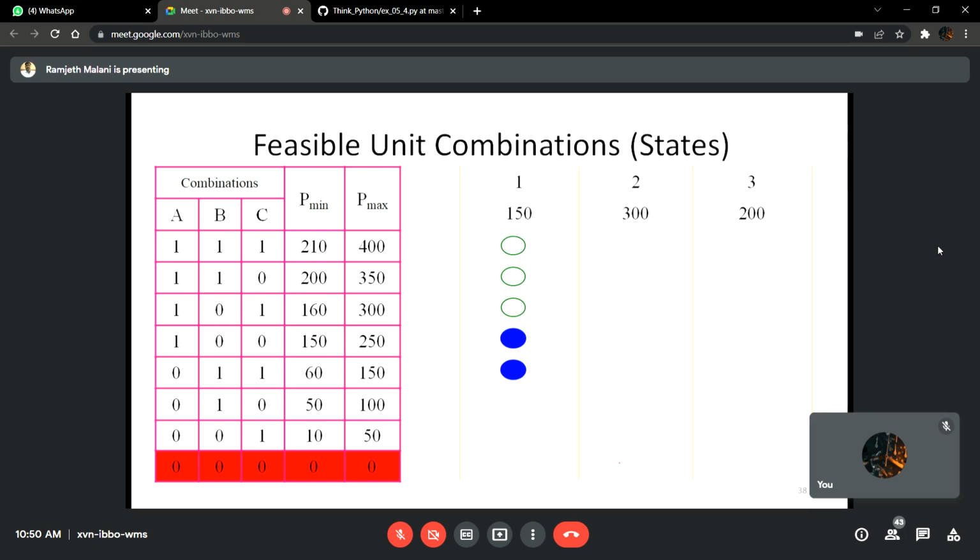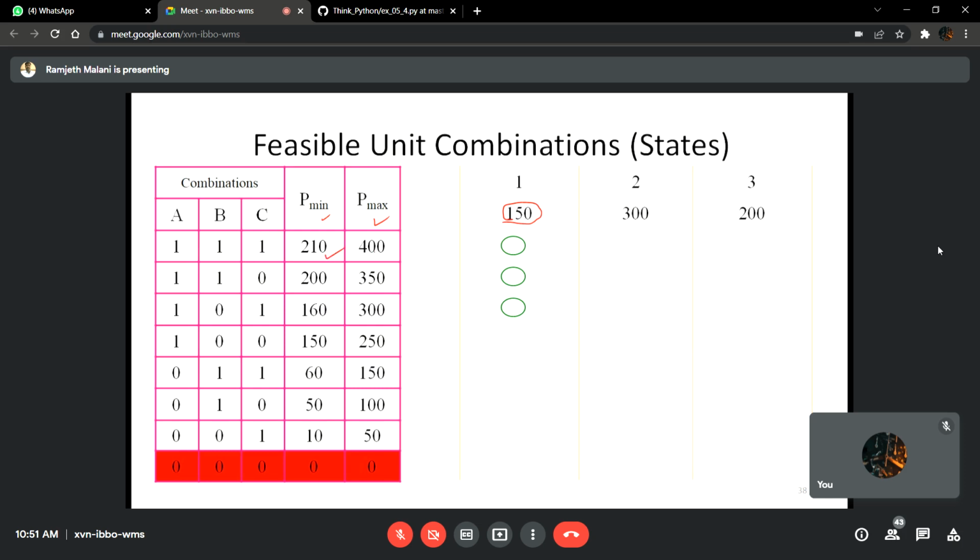Now, for hour 1, 150 megawatt is the load, right? Now, if you see the P minimum that can be supplied and P maximum that can be supplied, I have summed up the minimum limits of all the three generators and written here.